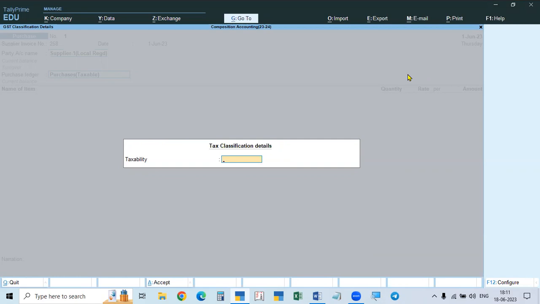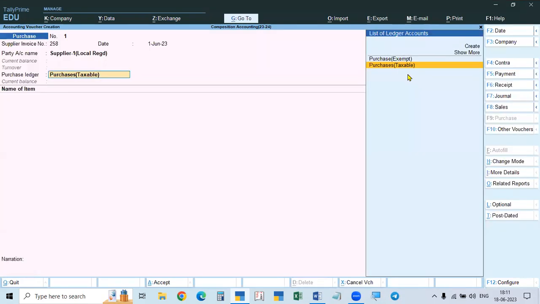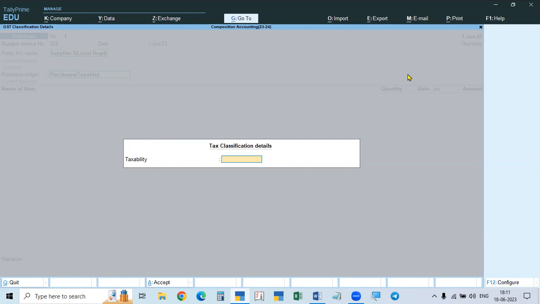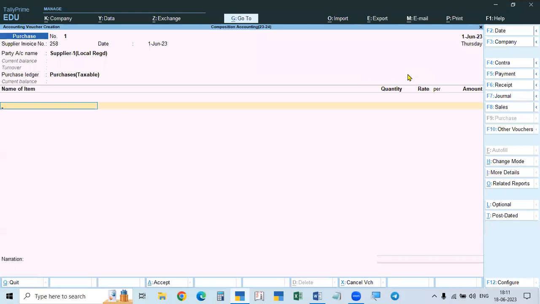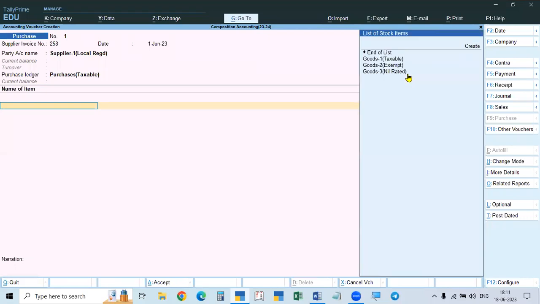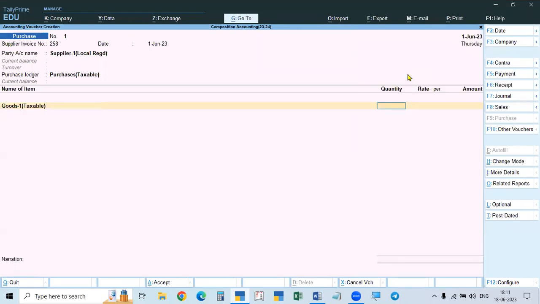Click the space bar, the list will come, or just click T for taxable, so taxable will be selected, and then goods. Goods taxable, because the purchase is taxable. So goods taxable, one item, 20,000 we will take. And then we add the tax separately, but it will be added to the purchases.